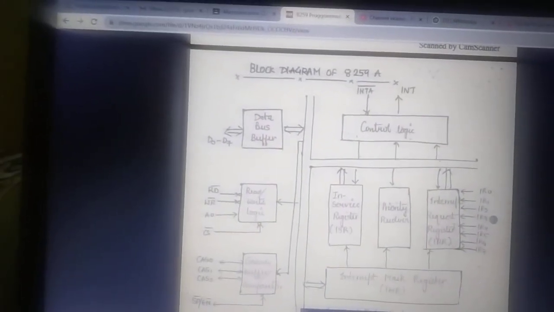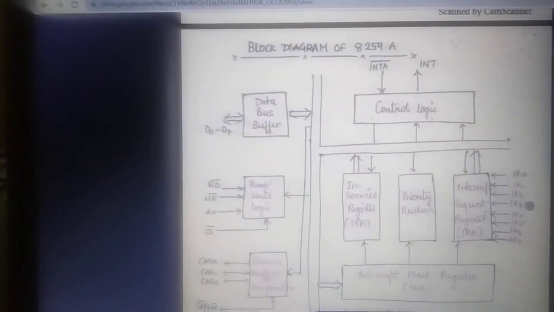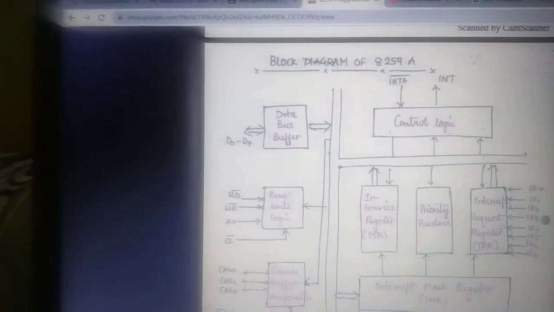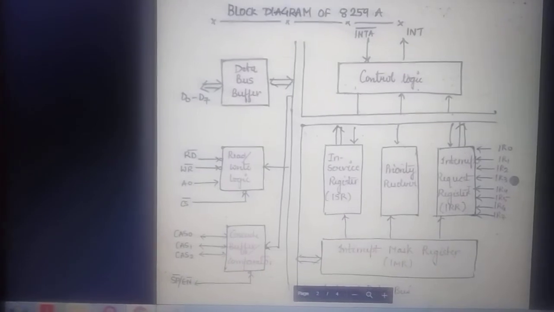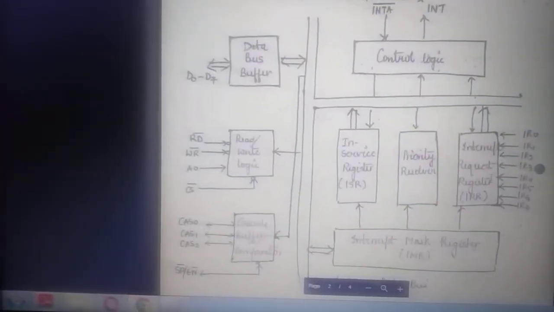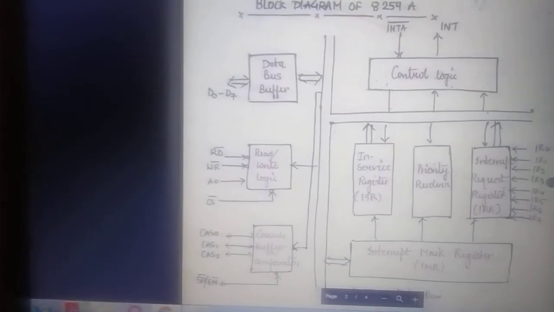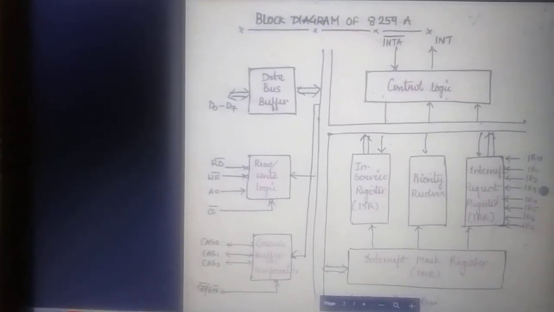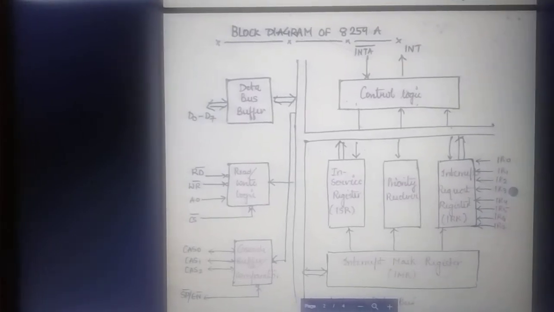First, the use of the data bus buffer. The data bus buffer contains the 8-bit data bus of the 8259 IC, and this 8-bit data bus works as an interface between the 8259 and the 8085 microprocessor. How?